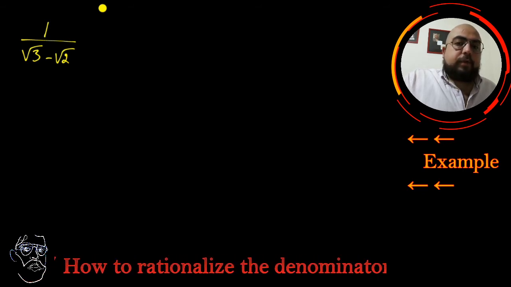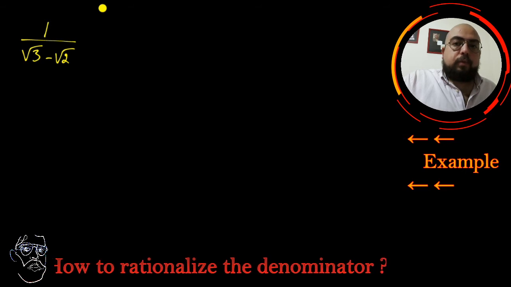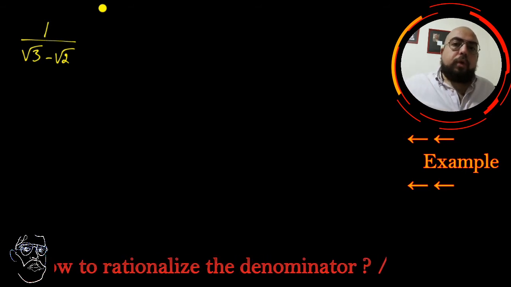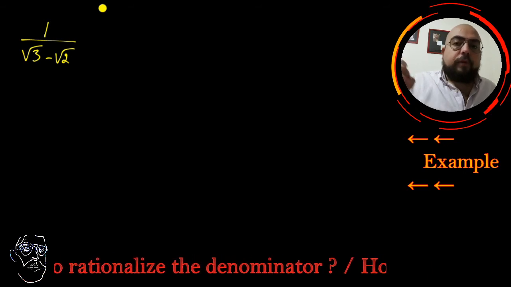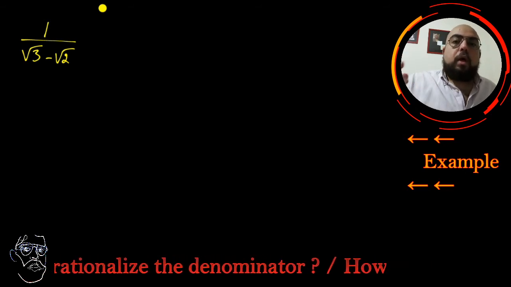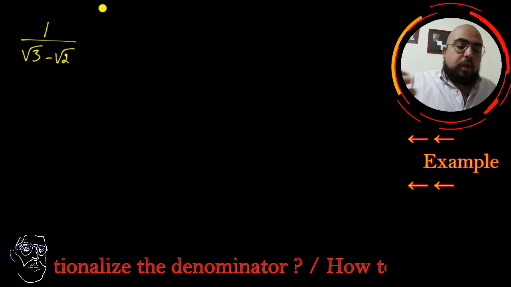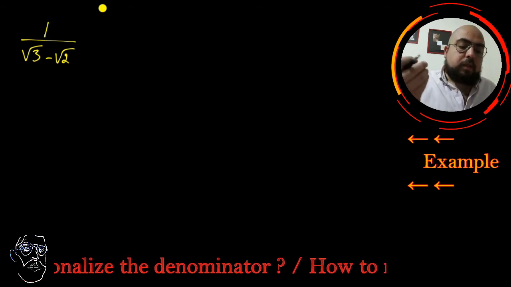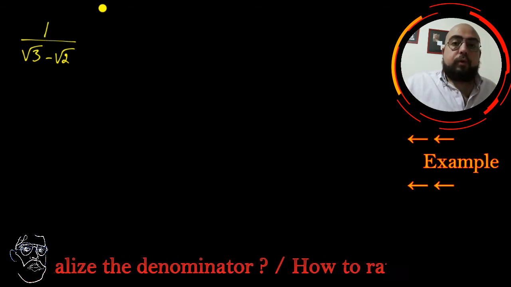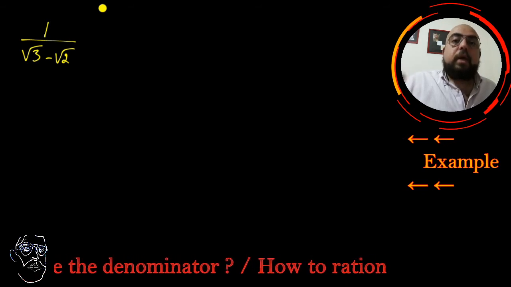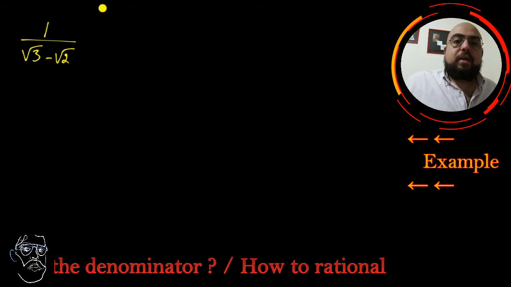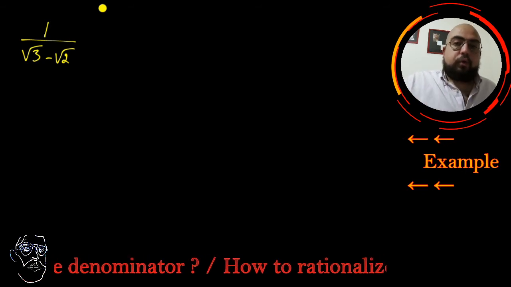In this case, you have square root of 3 minus square root of 2. So, in order to remove or to rationalize this denominator, you have to multiply by what we call the conjugated part. So, if your denominator is square root of 3 minus square root of 2, the conjugated part will be square root of 3 plus square root of 2.